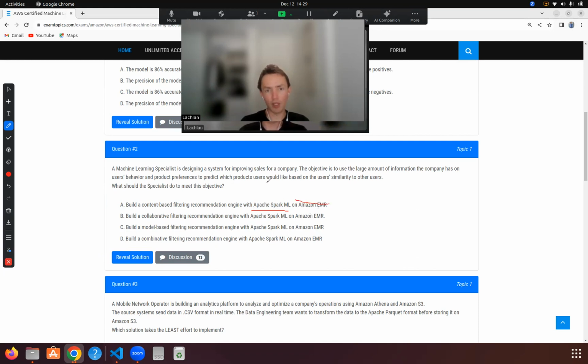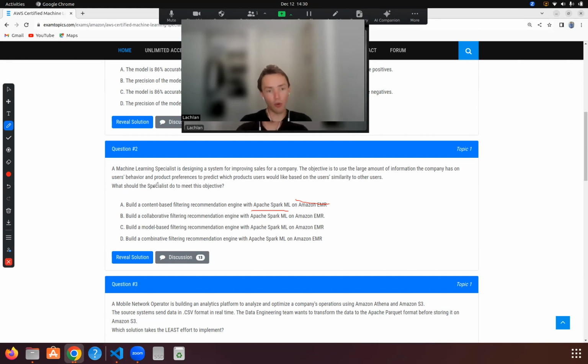Amazon EMR is Elastic MapReduce, which is another service, which is basically Amazon's flavor of MapReduce. And if you don't know what MapReduce is, it's basically how you manage and process big data. And it was originally created by Google to process very large amounts of data.